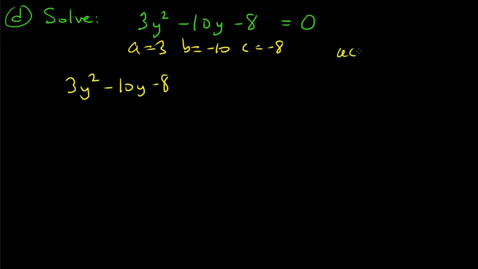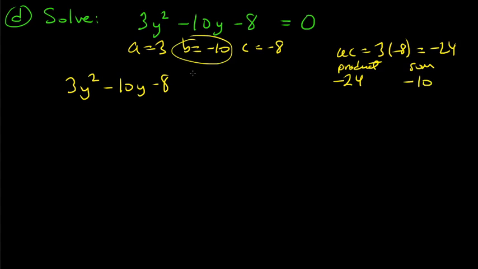Right? So a times c is 3 times -8, which is -24. So what two numbers have a product of -24 and a sum of -10, right? Because that's b. B is -10, right? All right, well, let's start with the obvious 1 times -24.